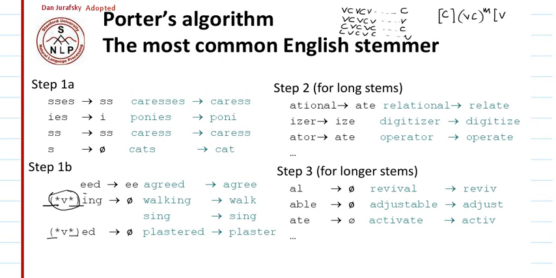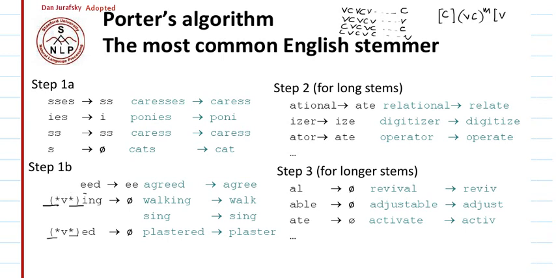Like walking, this A is present as a vowel here, so I need to chop off this ing. But in case of SING, no vowel is present, it is only a single consonant, so nothing is done here. Similarly in case of ED, a vowel is present, so this ED will be chopped off.